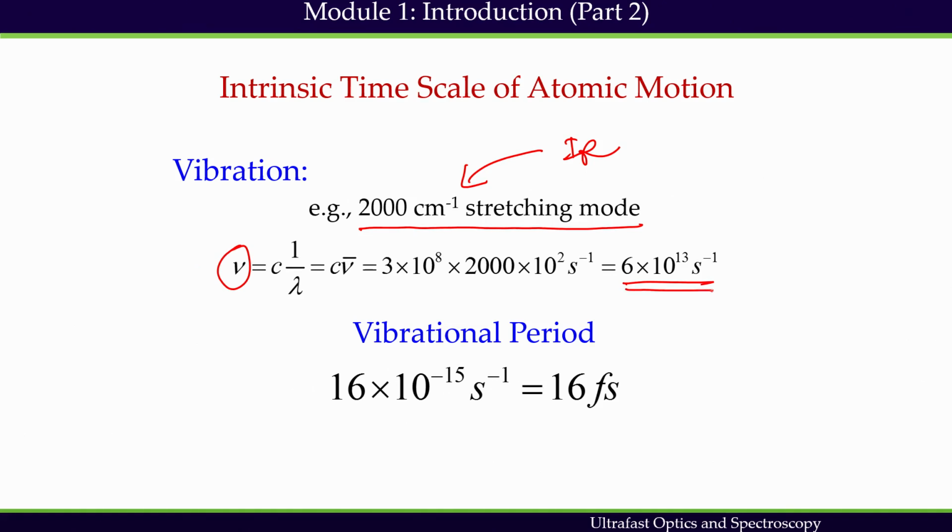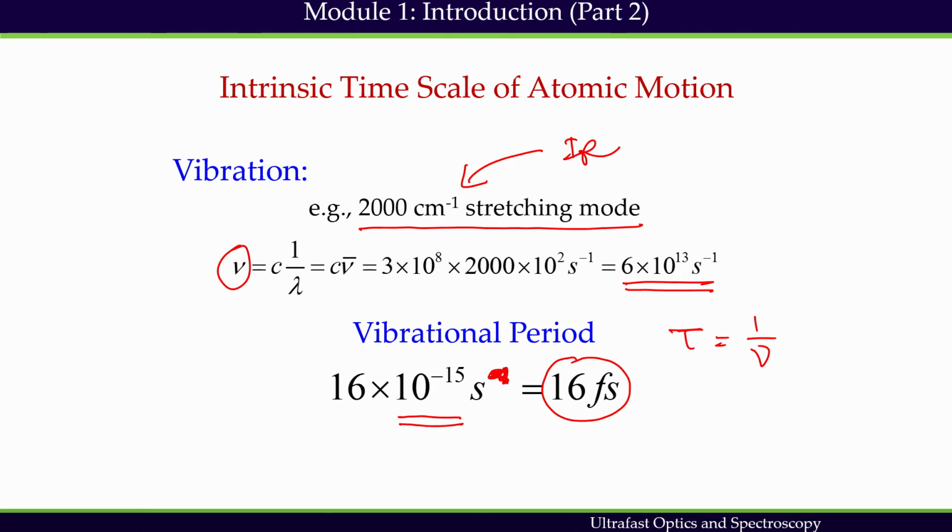This is the frequency we get, and once we get the frequency, the vibrational period can be obtained with the help of this equation, 1 by nu, and this gives me 16 femtosecond. 16 multiplied by 10 to the power minus 15 second. This is second. So 16 femtosecond.